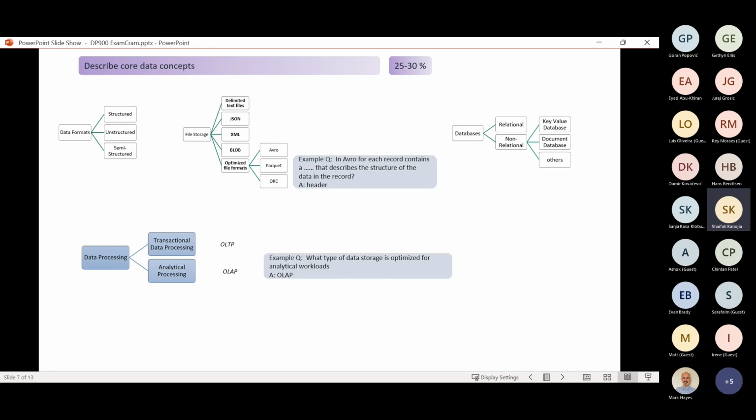The purpose is analytical workloads, so it should click that the most optimized option will be OLAP, not OLTP. This is how those differences between the available processing types will make sense when you are tackling the question.